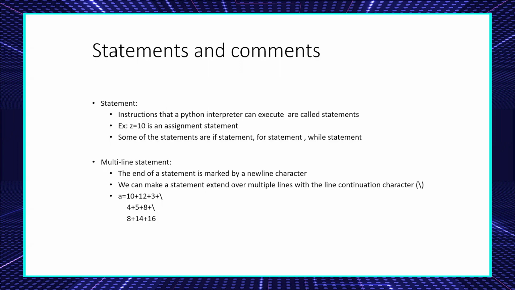Whatever instruction we give to the Python interpreter. What is a Python interpreter? We are communicating with the Python interpreter. An interpreter is nothing but a mediator which helps us to communicate. How does it execute? Line by line.